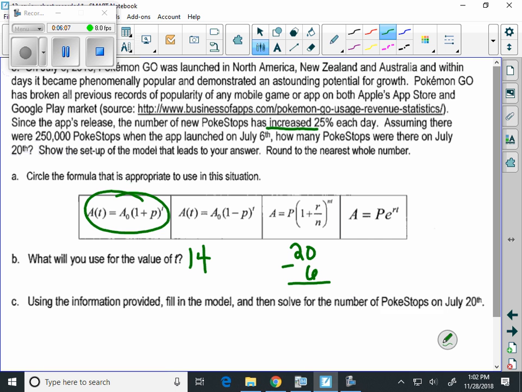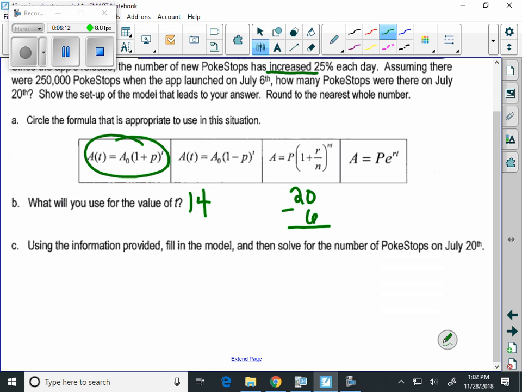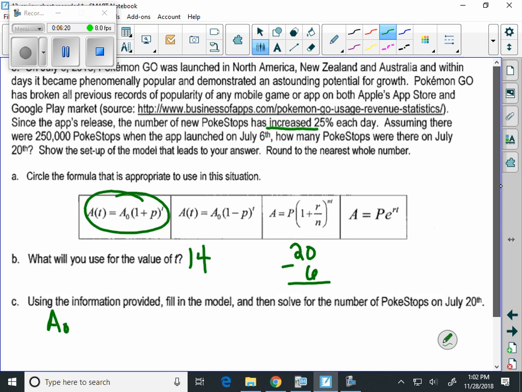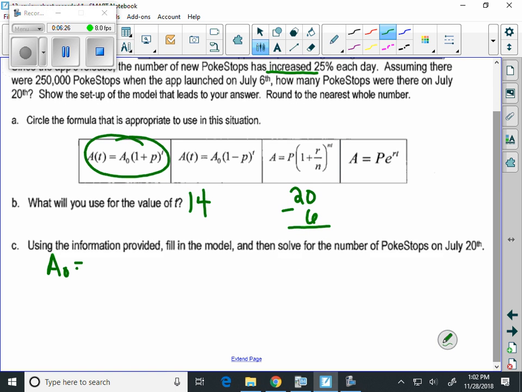So it's using the information provided, fill in the model, and then solve for the number of Pokestops on July 20th. Well, our original amount, our A sub 0, as I look back in the problem, is 250,000 Pokestops. We know our time is 14, but what's our percentage?